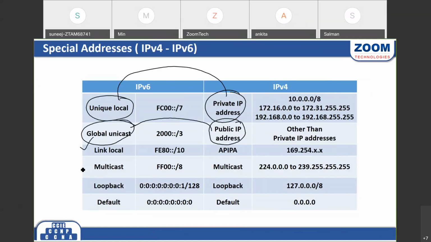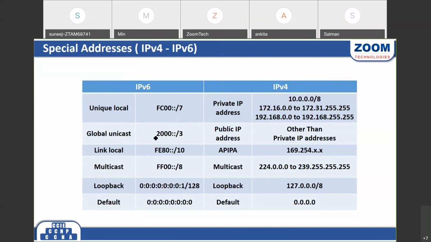APIPA is link local, multicast is same, loopback is same, and default is same. Any IPv6 address starting with 2 or 3 is public IP, global unicast. Any IPv6 address starting with FC or FD is unique local, which is private IP.